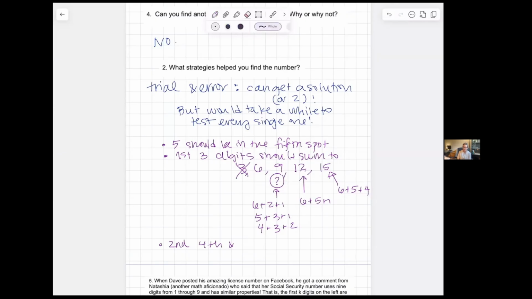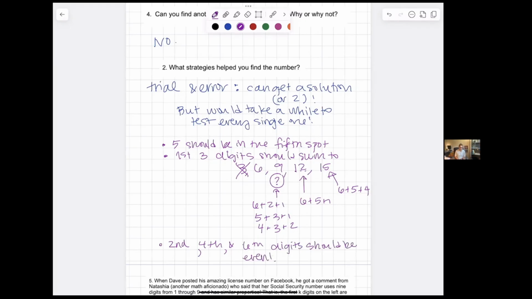Cool. So Jason mentioned another really great strategy that I saw in the chat. He said that the second, fourth, and sixth digits should all be even. Sorry, I started writing it down because I didn't want to forget to say that. The second, fourth, and sixth digits should be even.